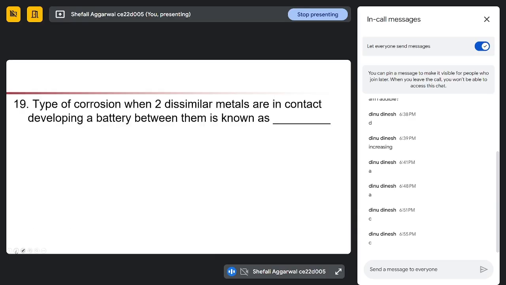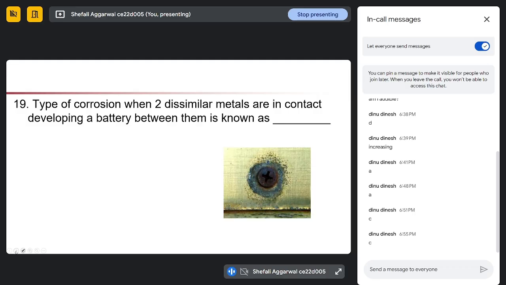So the next question is: the type of corrosion when two dissimilar metals are in contact, developing a battery between them, is known as. I'll give you an image of this. If we have two different types of metals, one is a different metal and the screw is of a different metal.